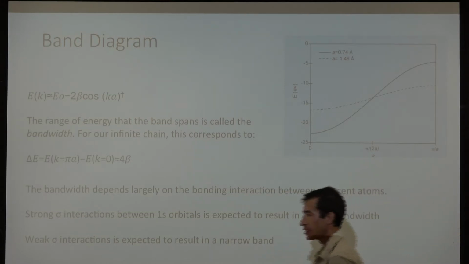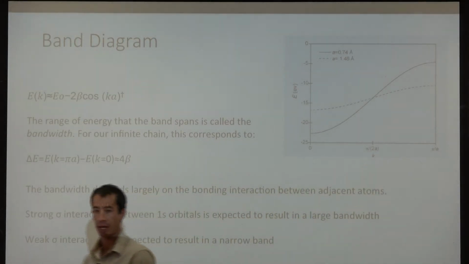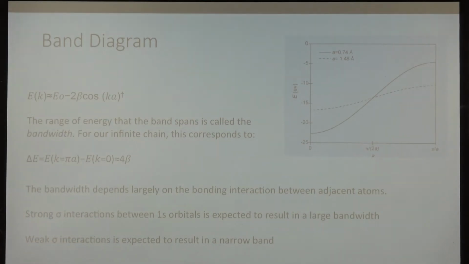I don't know what that is, but there would be a separate relationship between the energy of that bond and the bond width. Strong sigma interactions between 1s orbitals result in a larger bandwidth because you get more coupling. Bandwidth or bond length? Both.